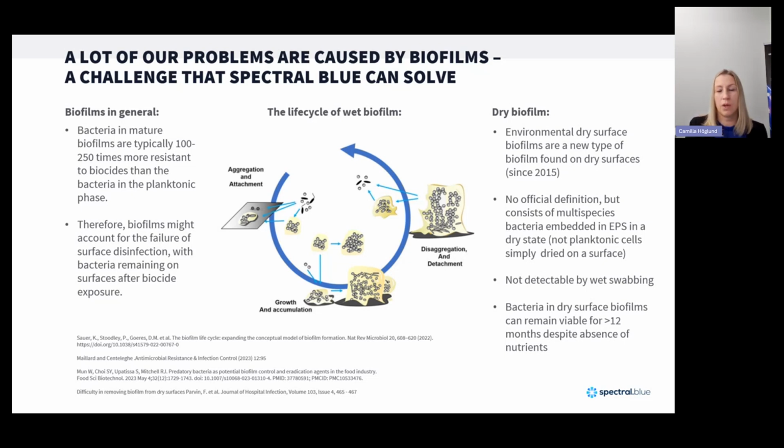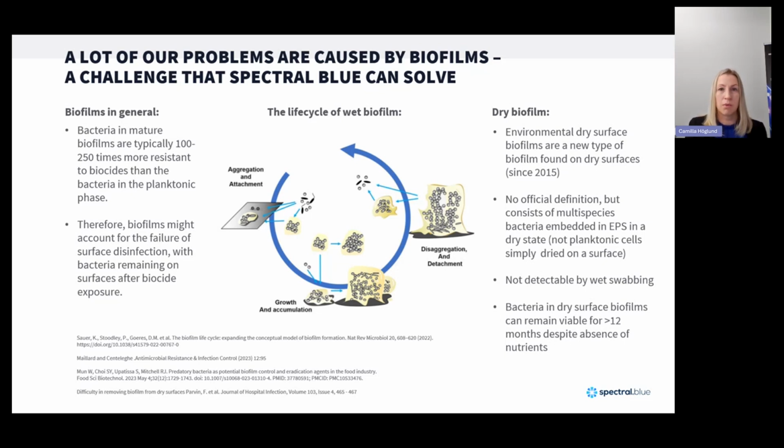Many researchers state that biofilms quite often can be the reason for surface disinfection failing or not being able to remove all the microbial load from the surfaces, because biofilms are very difficult to remove using chemicals and using UV. They also have a tendency to spread throughout, so their life cycle has been quite well established when we're talking about wet biofilm, and they tend to detach from surfaces and spread around in the premises.